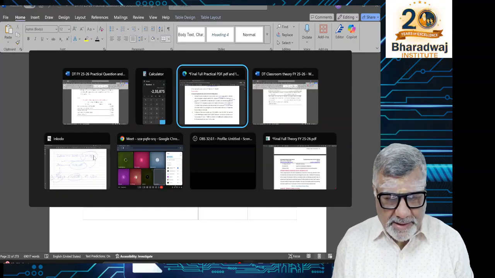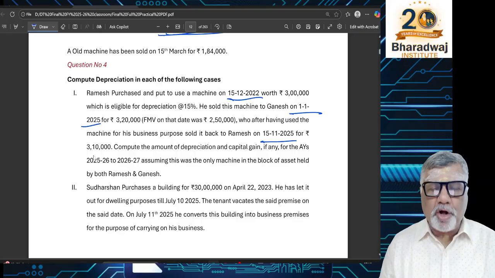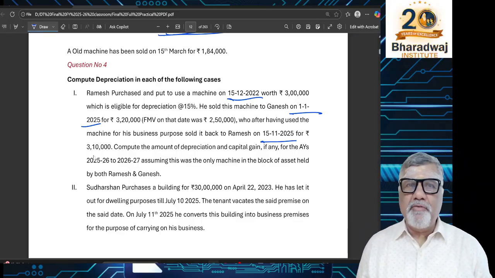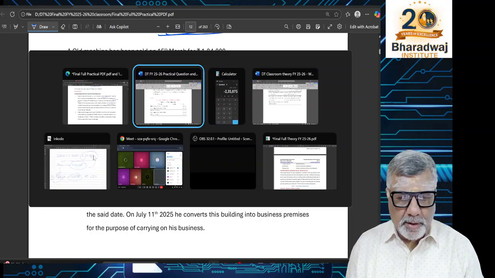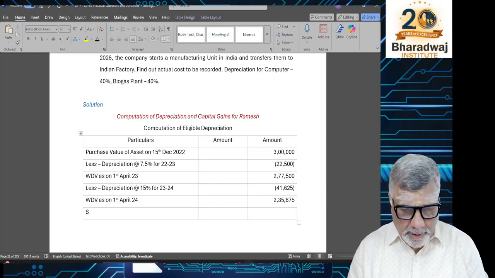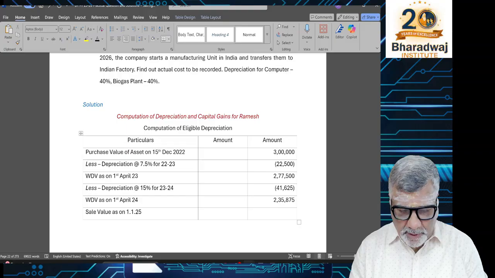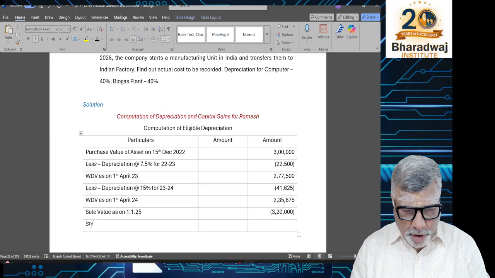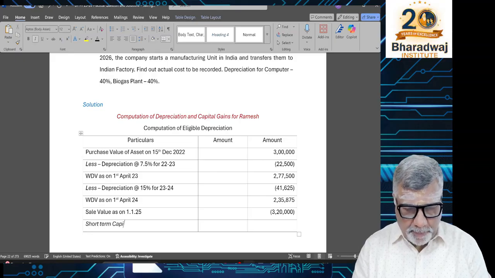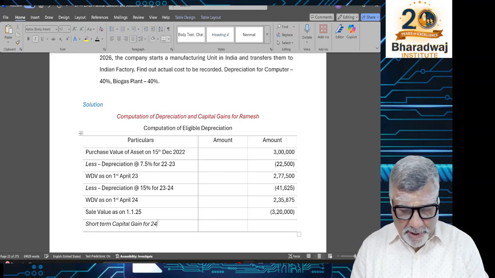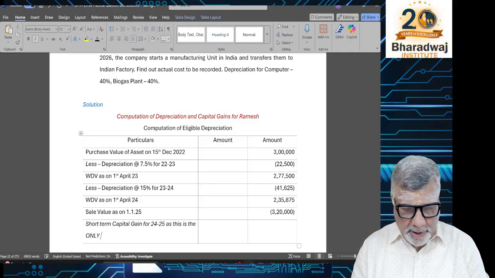Remember, the question says he sold it on 1/1/25 for 3,20,000. Sale value as on 1/1/25, 3,20,000. Short-term capital gain for 24/25, as this is the only machine in the block.